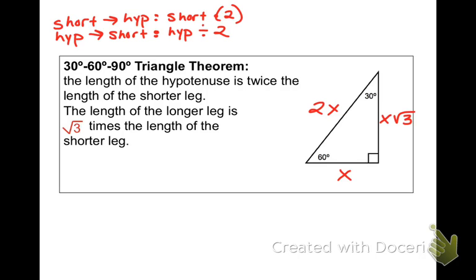Now let's go in this direction. If I have to go from short to long leg, what do we do? We take the short and we multiply the short leg by the square root of 3.